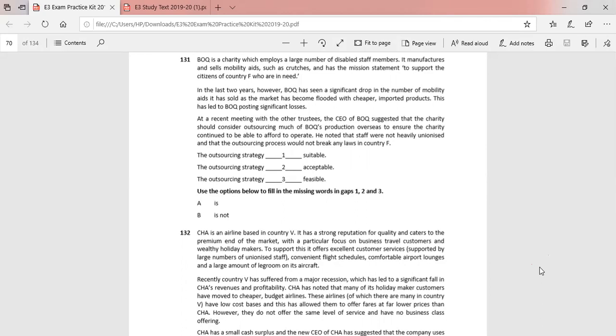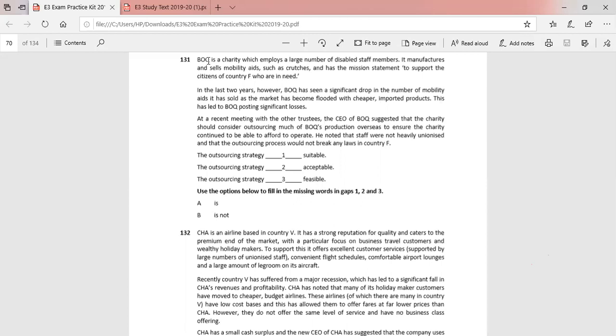At a recent meeting with the other trustees, the CEO of BOQ suggested that the charity should consider outsourcing much of BOQ's production overseas to ensure the charity continued to be able to afford to operate. He noted that staff were not heavily unionized and that the outsourcing process would not break any laws in country F.